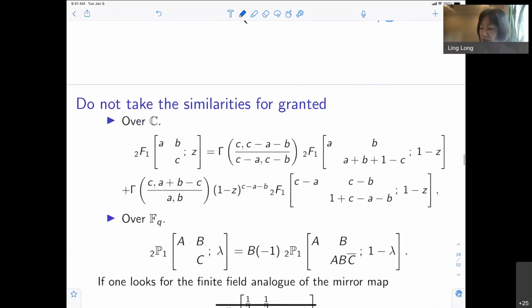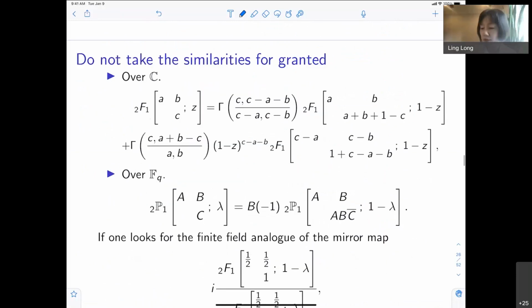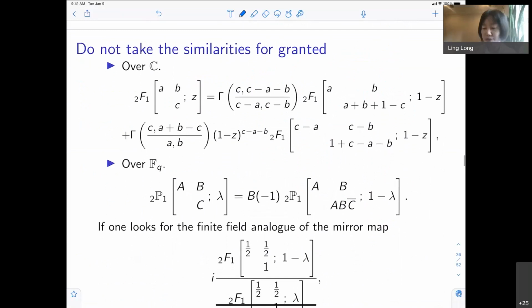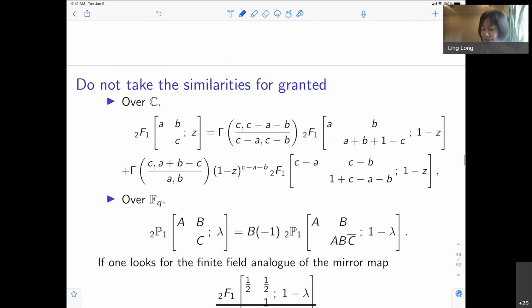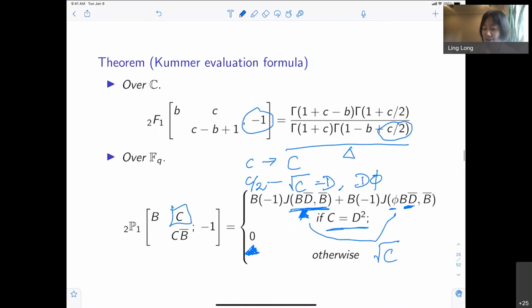And of course, I showed you a lot of formulas that are very similar. And I want to actually give you now some warnings. Do not take the similarities for granted. All right? It's actually kind of easy to think. Now, what I have been talking about over here is basically, I call it a dictionary.